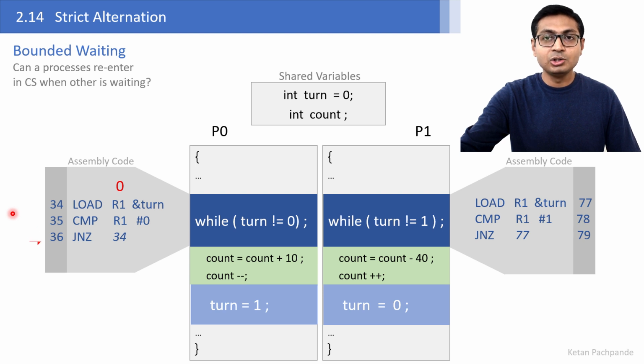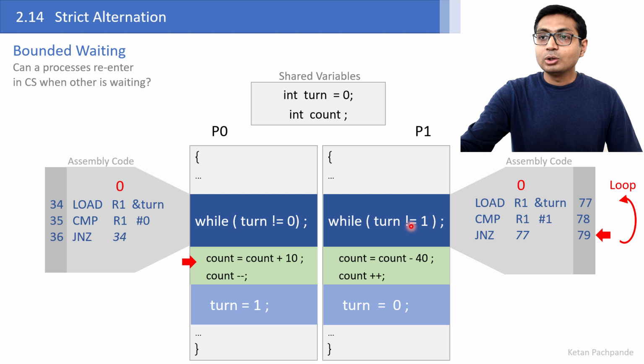The next statement will not jump and it will enter into the critical section. Now while it is in the critical section, process P1 arrives and obviously it is going to be in a loop, isn't it? It's looping basically, because 0 not equal to 1, the comparison is going to be true again and again.